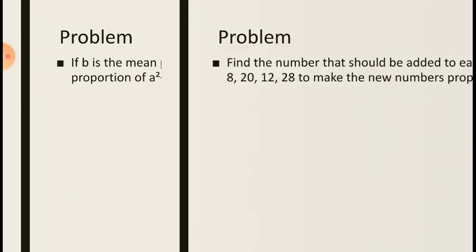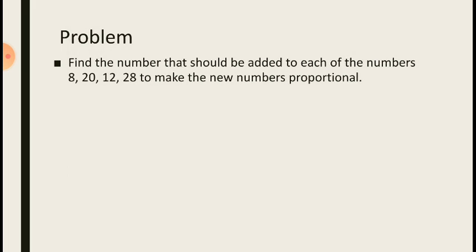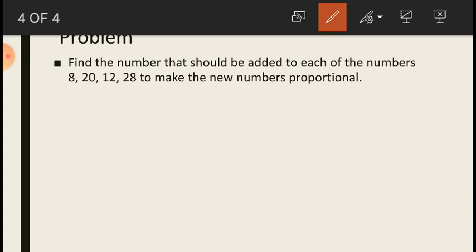Coming to the next, that is, find the number that should be added to each of the numbers 8, 20, 12 and 28 to make a new number proportional. Okay, so what they say here is, this number you have given, and they say that a particular number, consider that number is x. Consider the number equal to x.